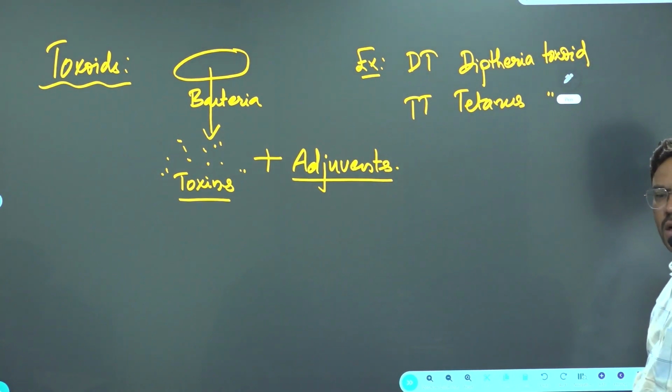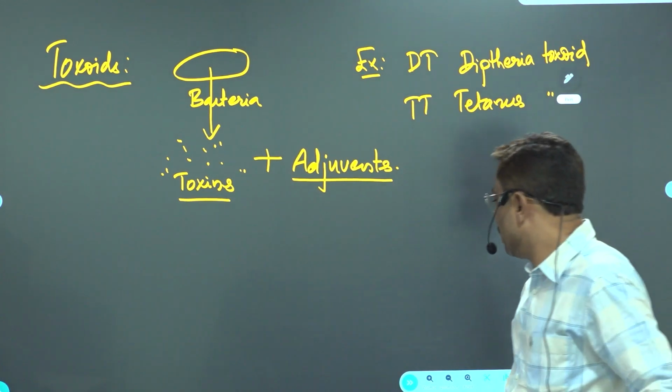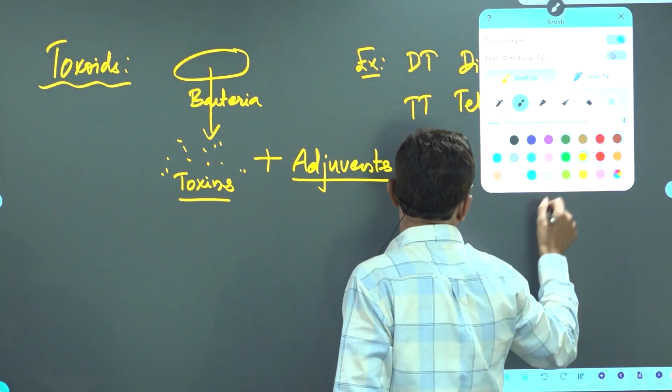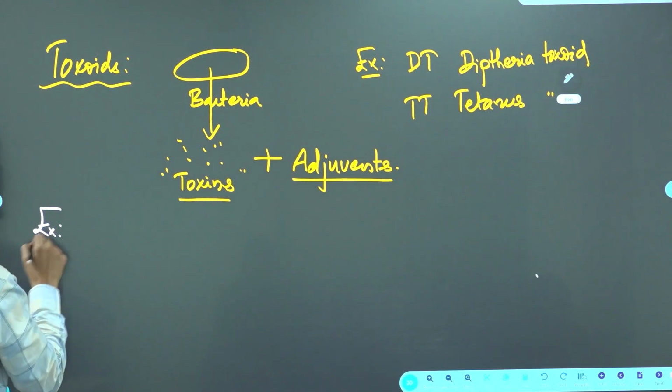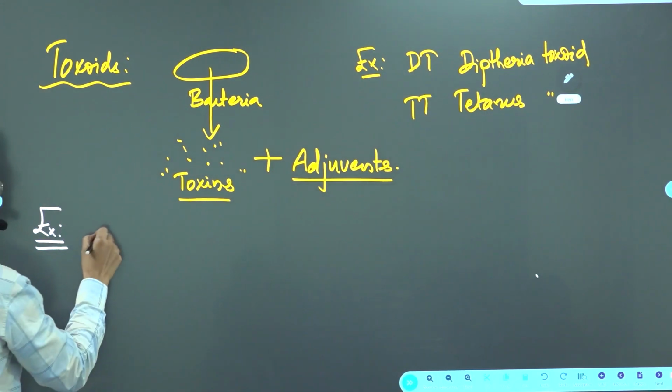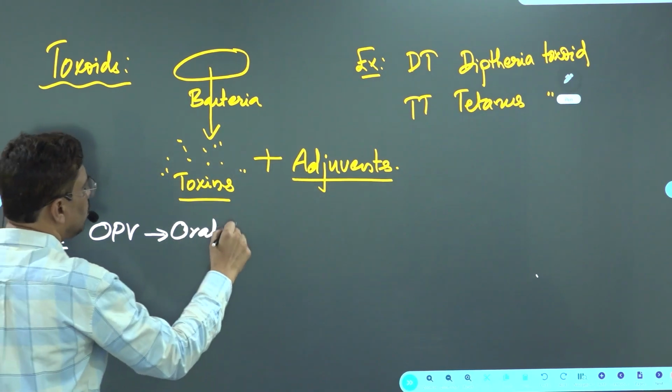Toxoids means the toxins released by the pathogens are purified and used as a vaccine. These are all called traditional vaccines. Let us see some important examples of all these traditional vaccines. OPV, oral polio vaccine.